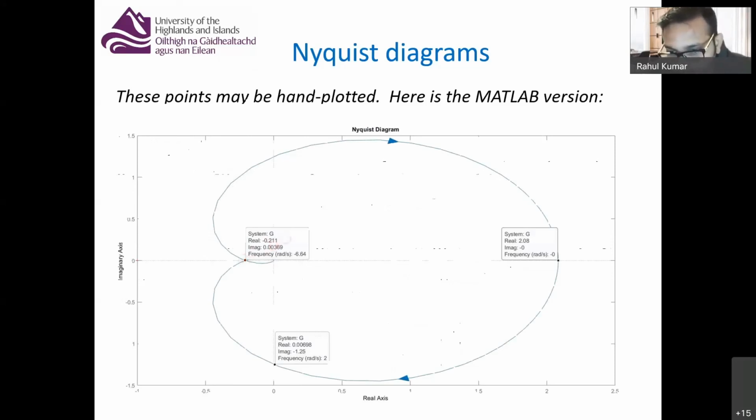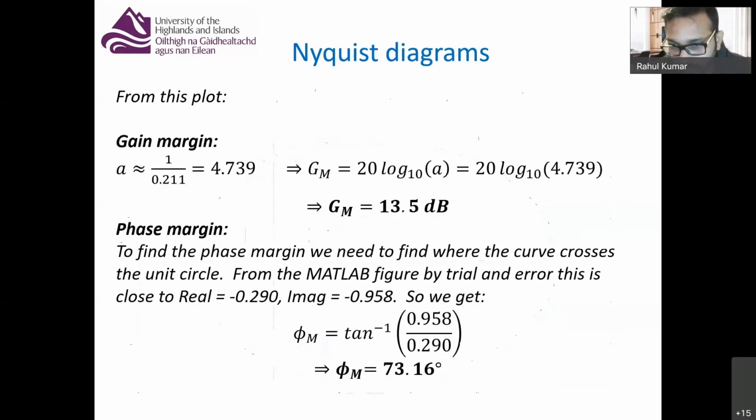So minus 1 divided by A is minus 0.211. From there we calculate the value of A. It will be 1 divided by 0.211, which is equal to 4.74 approximately. And when we convert it into decibels using this equation, we end up getting 13.5 dB.